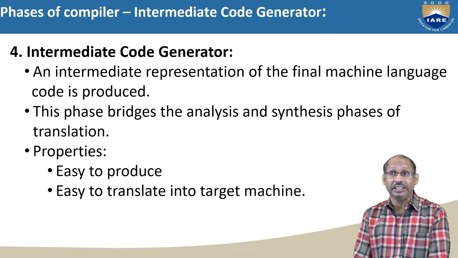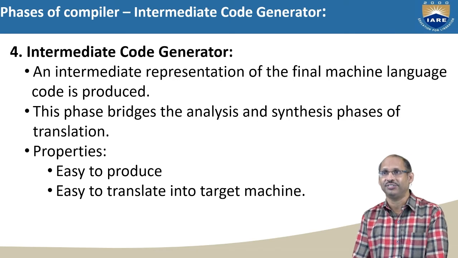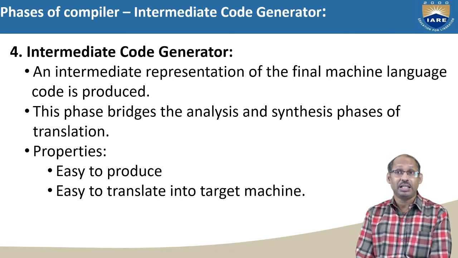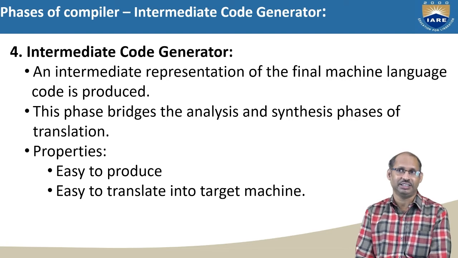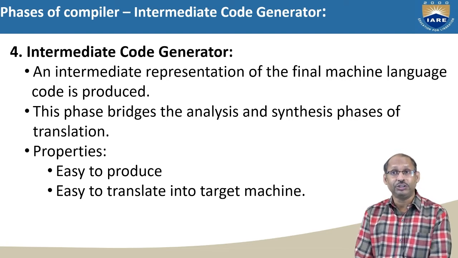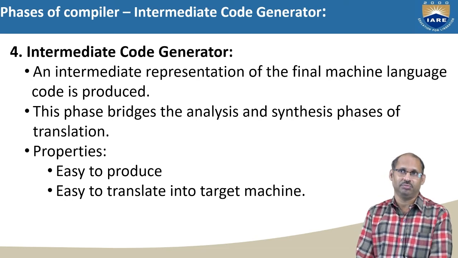It is a bridge between the analysis phase and the synthesis phase, right? It is easy to produce and easy to translate into the target machine. It is simply an intermediate representation.